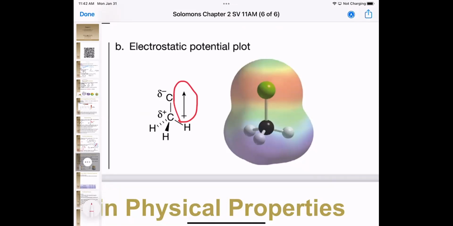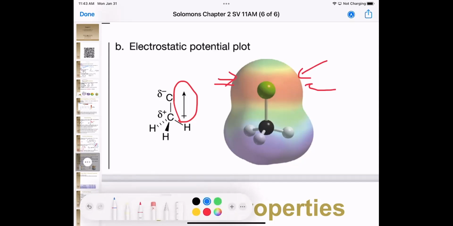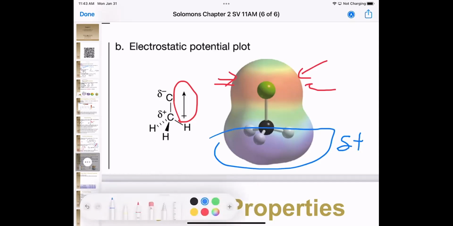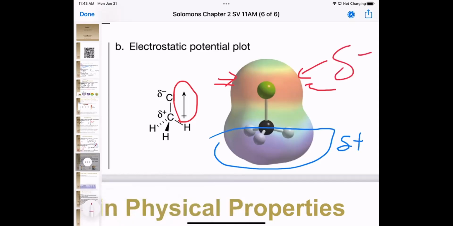So what we're going to see is in certain zones, right here, we're going to see more electron density than in other places. And whenever we use these electrostatic charts, blue typically indicates partially positive and red indicates partially negative. Okay, meaning there's more electrons in those red and orange zones than there are in those blue zones.